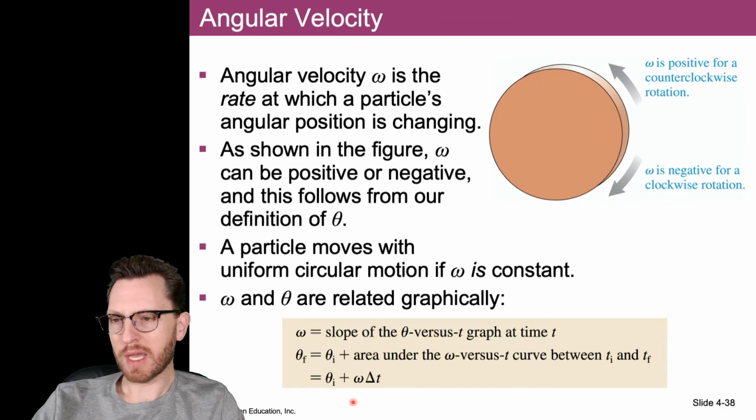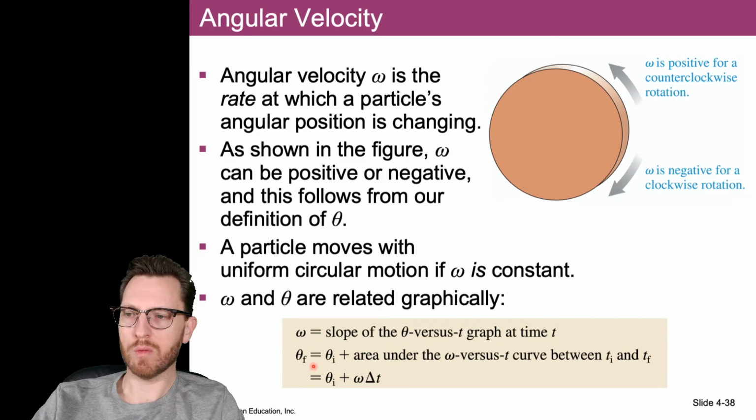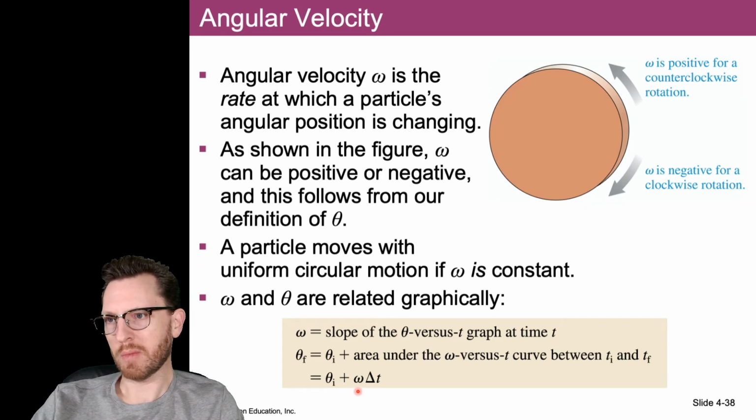Look, this looks like the same kinematic equation we saw for one-dimensional motion. Instead of saying x plus v delta t, it says theta plus omega delta t. This is my velocity term now. The thetas are my positions around the circle, and omegas are my velocities.